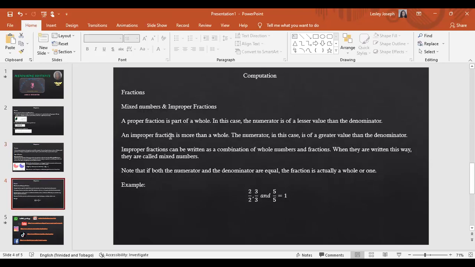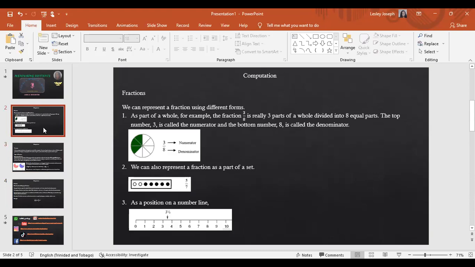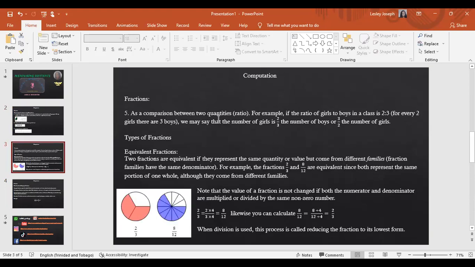However, an improper fraction is more than one whole. The numerator in this case is of a greater value than the denominator. Our example from previously, when we were looking at how we could represent fractions as part of a ratio: when the ratio was 2:3, for every 2 girls there are 3 boys.